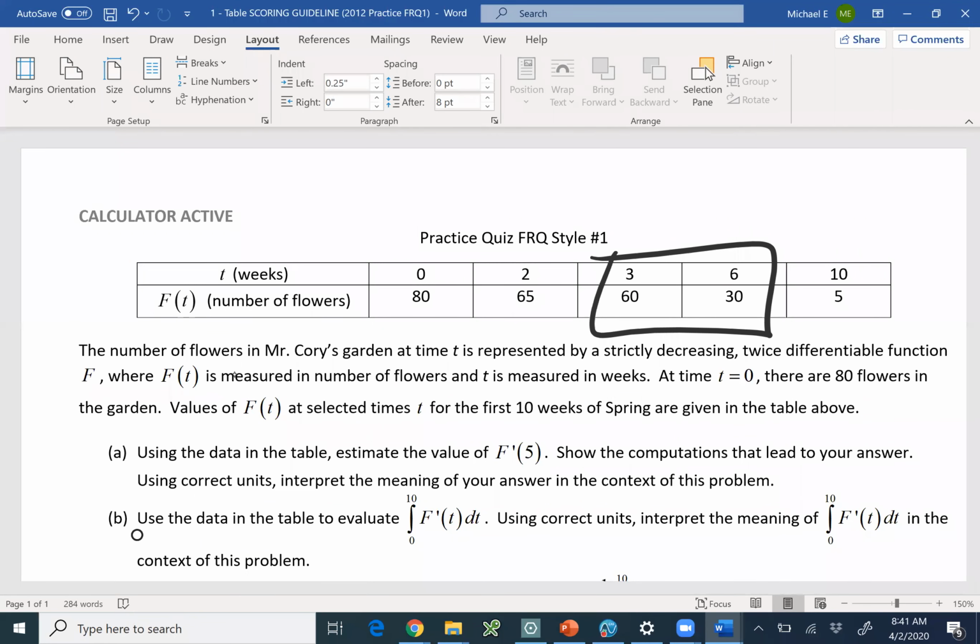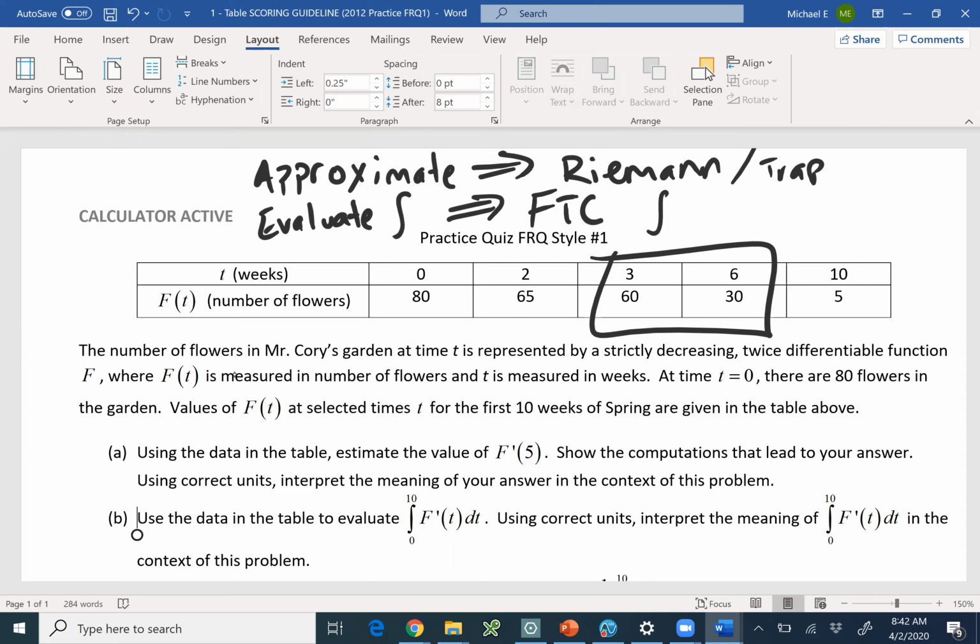If they ask you to evaluate an integral and they don't say anything about the Riemann sum, then usually that's just FTC, and it's going to be the integral of f prime of x from some a to b is equal to f of b minus f of a. So those are our two tools for taking integrals with a table.